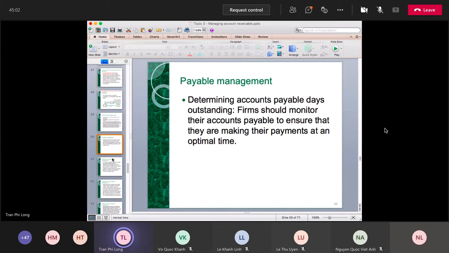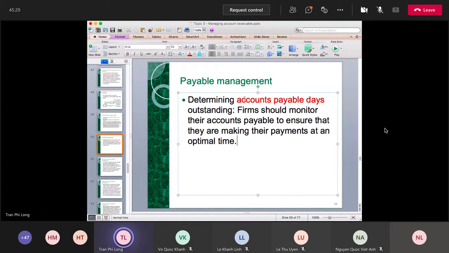That's the story of the next few slides. This slide tells you how to monitor the accounts payable. Basically, if you want to monitor accounts payable, you need to calculate the accounts payable days.